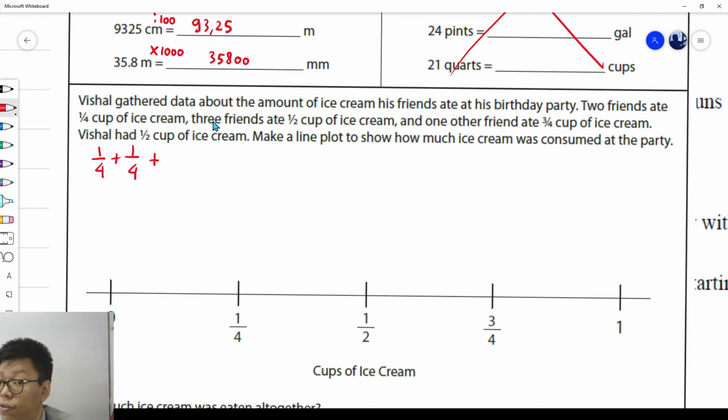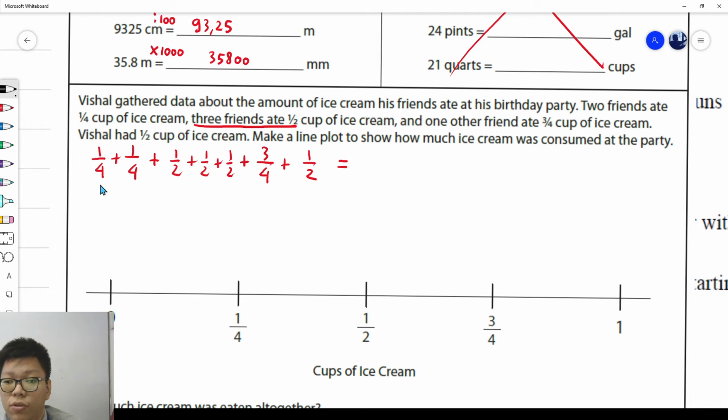And then three friends ate a half. So half, and then half, and then half. One friend ate 3/4 cups. The last one, Faisal had 1/2. Okay, so you can add all of it.